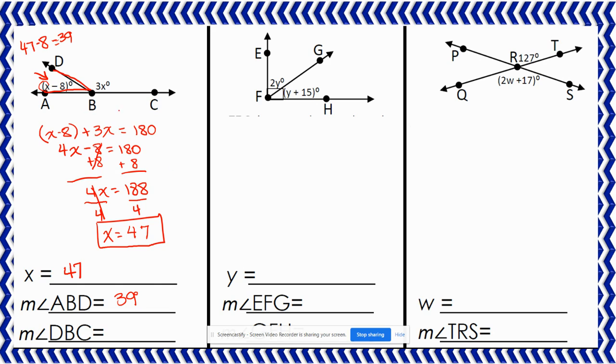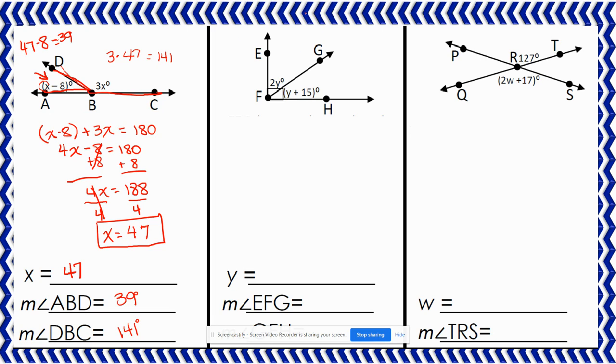To find the measure of angle DBC, so that's from D to B to C, that's 3x. So that means 3 times x, and I know that x is 47. So I'm going to do 3 times 47, which gives me 141. So the measure of angle DBC is 141 degrees.